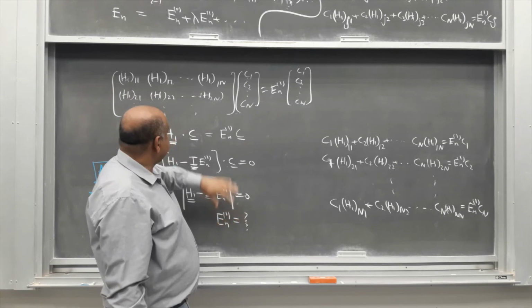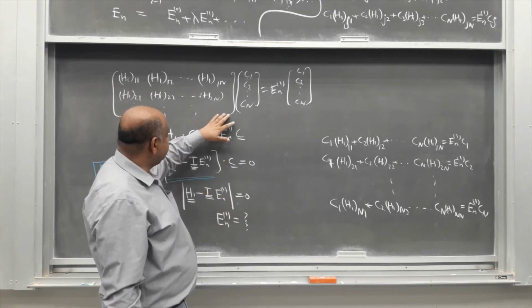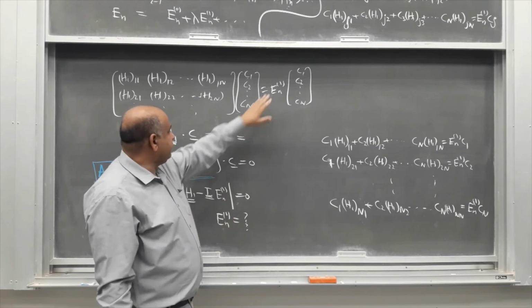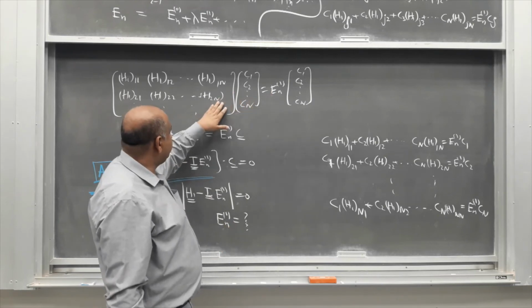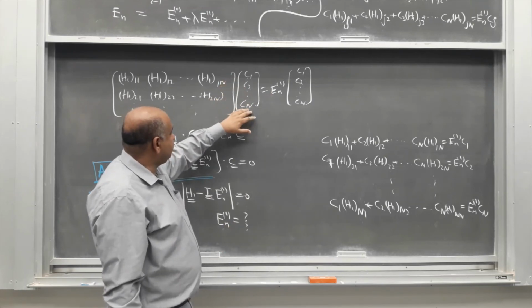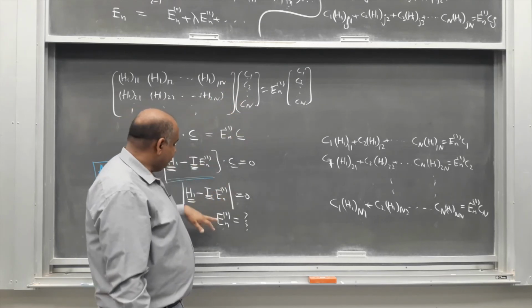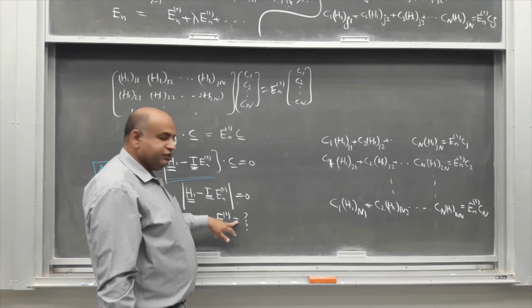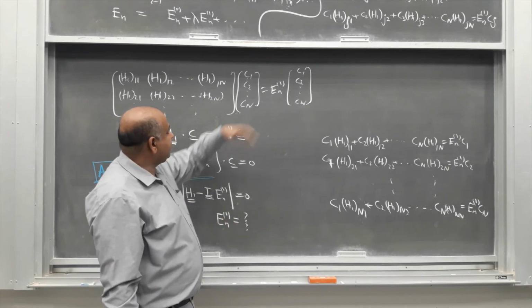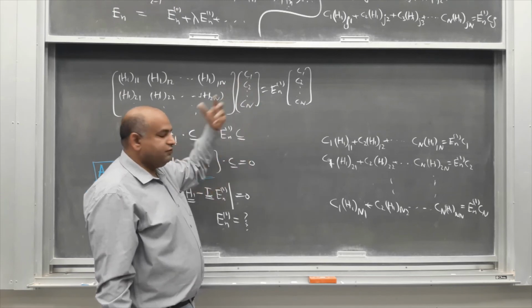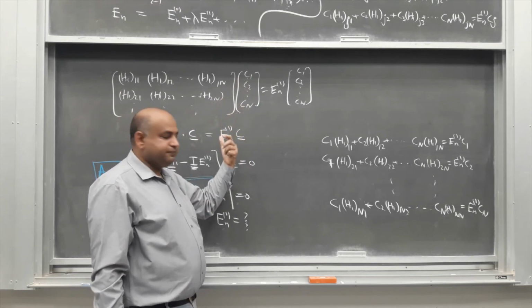If this is an n by n system, we can get up to n values. We put the first value here, solve this equation and find C1, C2, C3 all the way up to Cn, and that's our first perturbed state with the first correction to energy. Then we put the second value here and solve the system again, find new C's, and that's our second perturbed state, and so on.